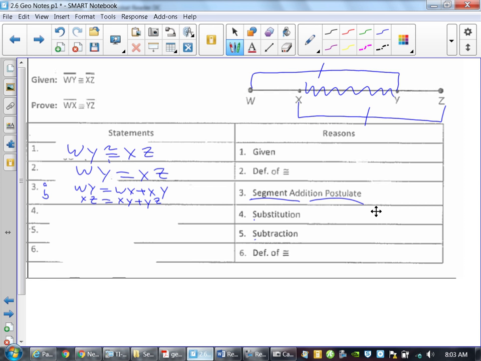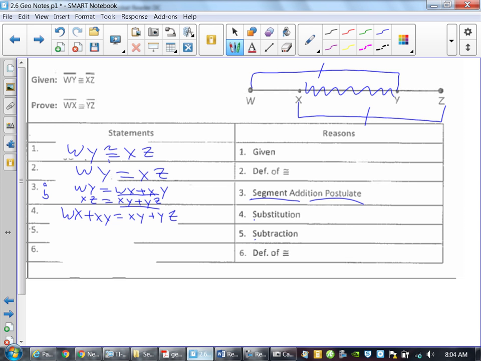What can I say about those other things? They're equal to each other. Very good. We've already stated that WY equals XZ, which means these two have to be equal to each other. WX plus XY is XY plus YZ.